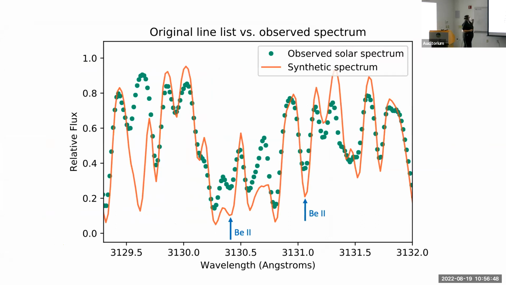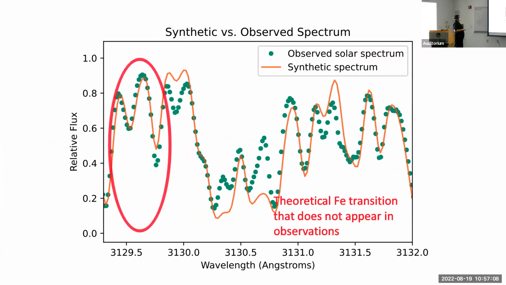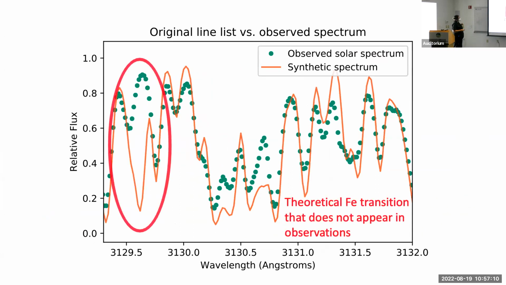What that does is it moves my synthetic spectrum up or down to fit the observed solar spectrum. By editing how likely it is for that transition to happen, the line will move up or down and fit the observed solar spectrum.